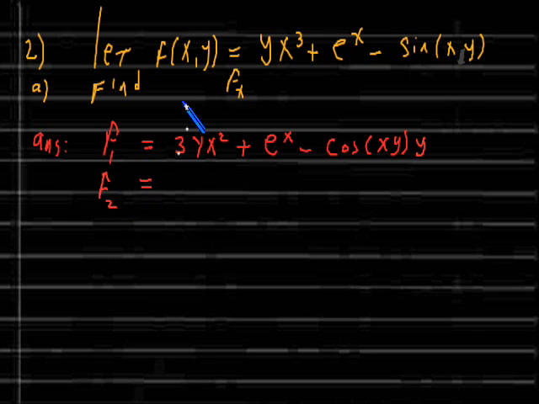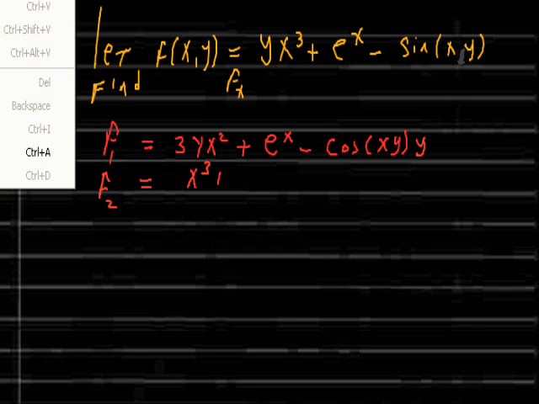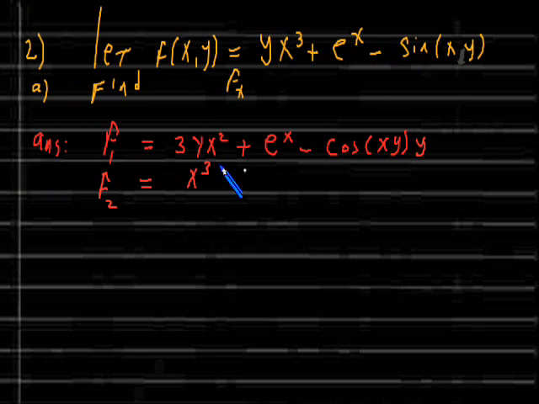Now the partial of f in respect to y is f sub 2, this is just the derivative of this expression here of f of x, y in respect to y, so it's just going to be equal to x cubed plus, this disappears because it only has x in it, and then we have sine.